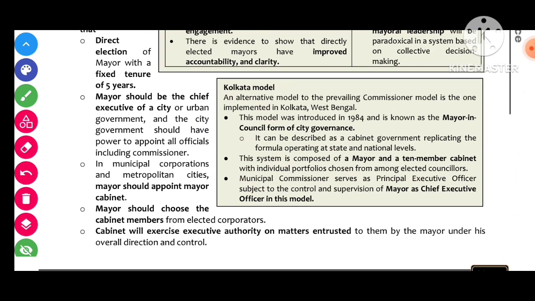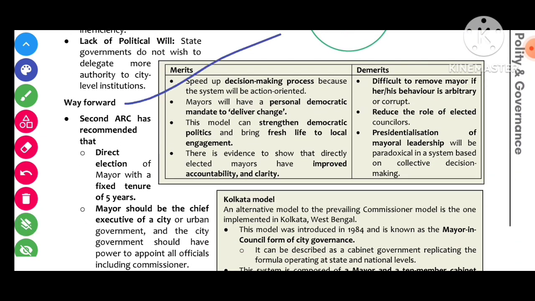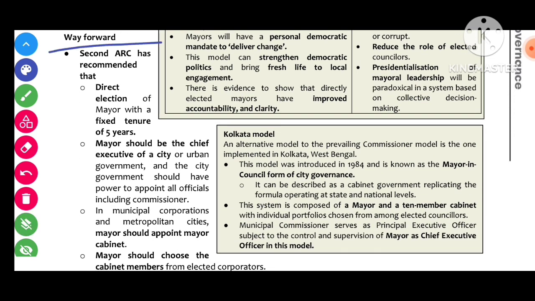So remember this. And what are the merits and demerits for mayor elections in municipal corporations? So you can remember this. And what is the way forward? Second ARC recommendation which talks about mayor, or what are the limitations and what are the challenges and what are the main measures for conducting free and fair election, or nomination of the, not nomination but indirectly elected by the councillors.